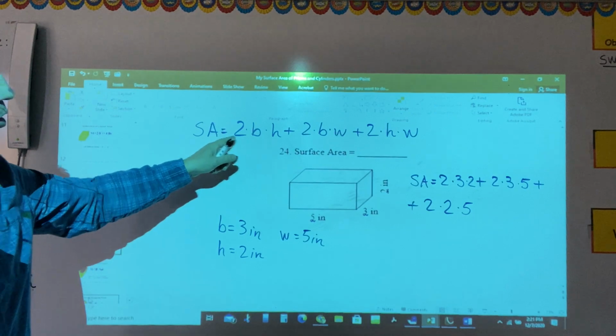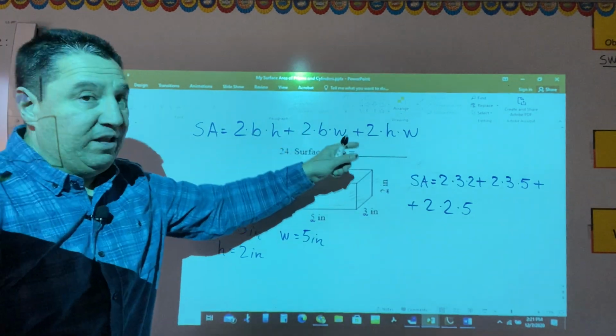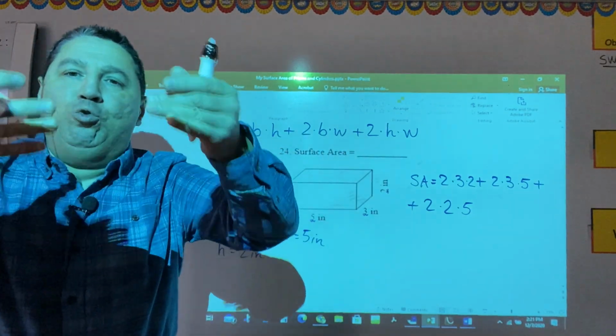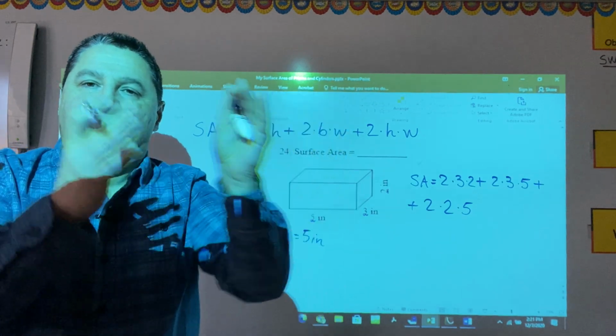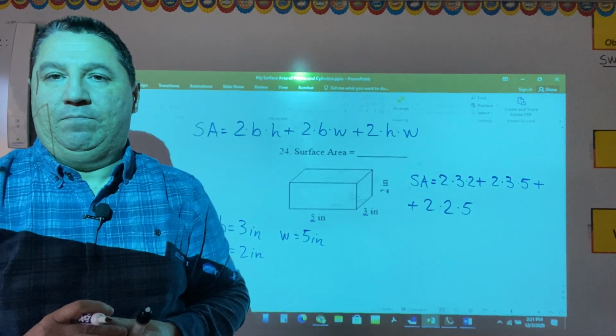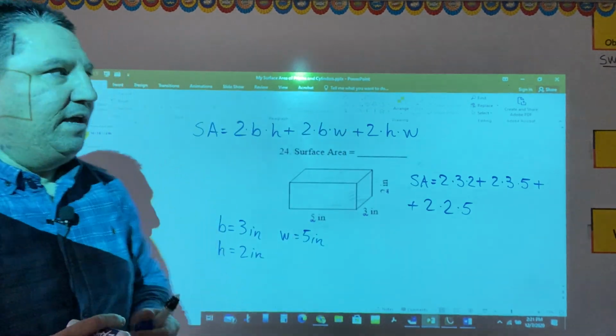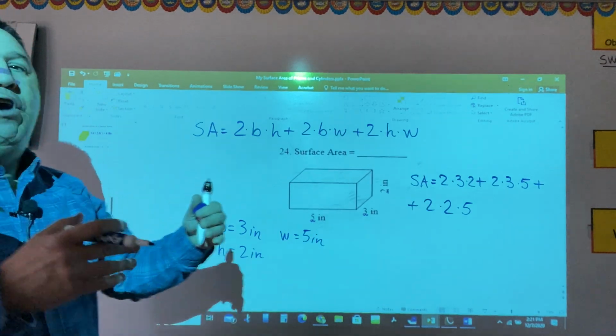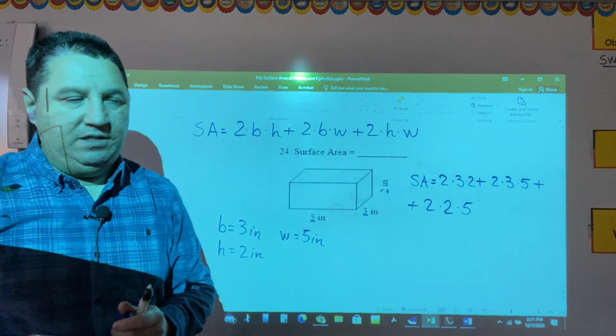Why are all terms multiplied by 2? Because you have two such identical surfaces, right? In fact, you have two of a kind. Yes? Good.